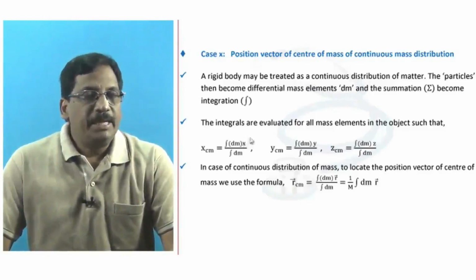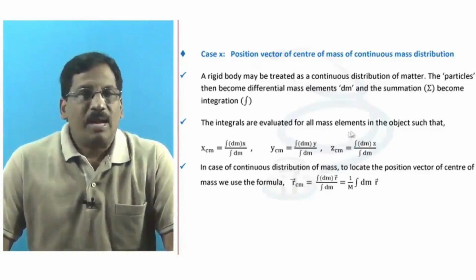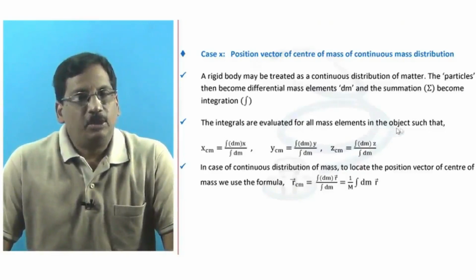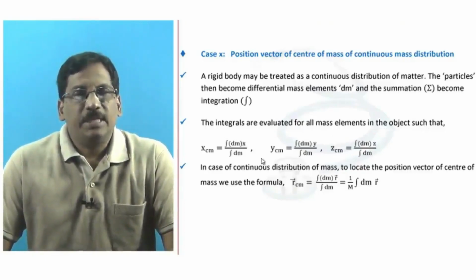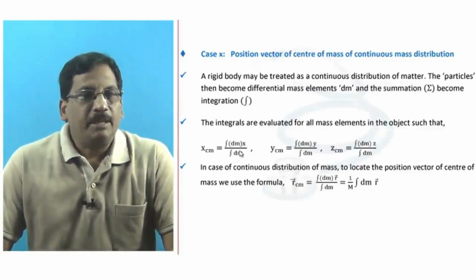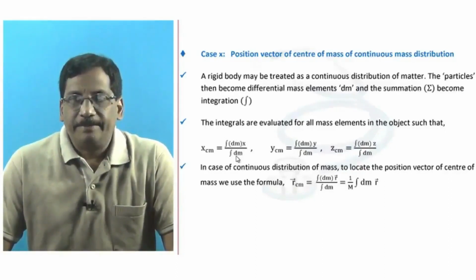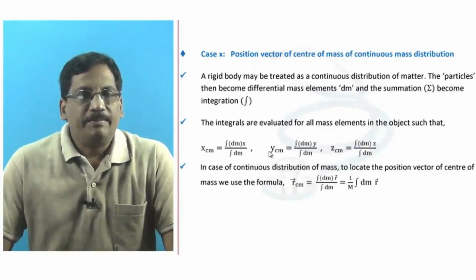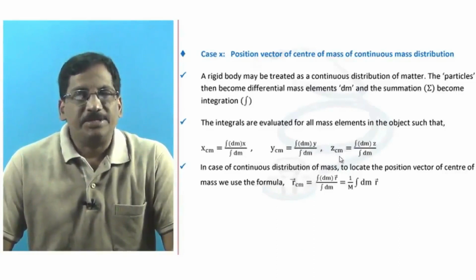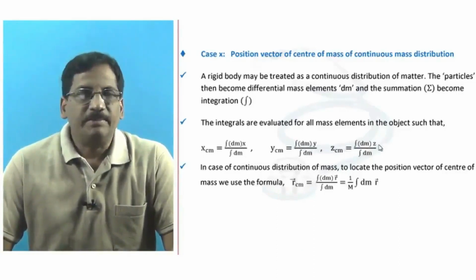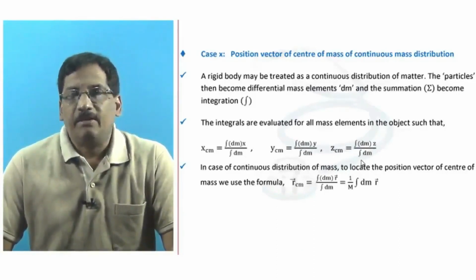Here the integrals are evaluated for all mass elements in the object, such that xcm is integral of dm x divided by integral of dm, ycm is integral of dm y divided by integral of dm, and zcm is integral of dm z divided by integral of dm.